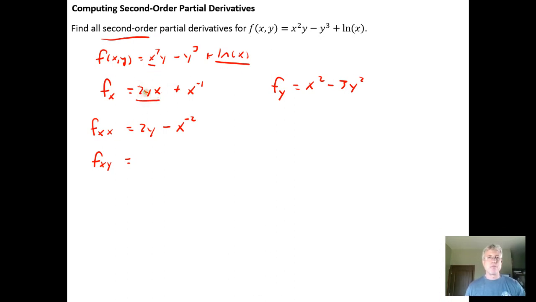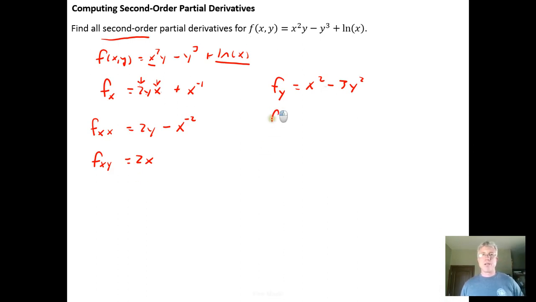The derivative of 2yx with respect to y, we hold the 2 and the x as constants, so we look at the y as having a coefficient of 2x. So we'll get 2x, and the derivative of x to the negative first power with respect to y is just 0. So our mixed partial f sub xy is going to equal 2x.